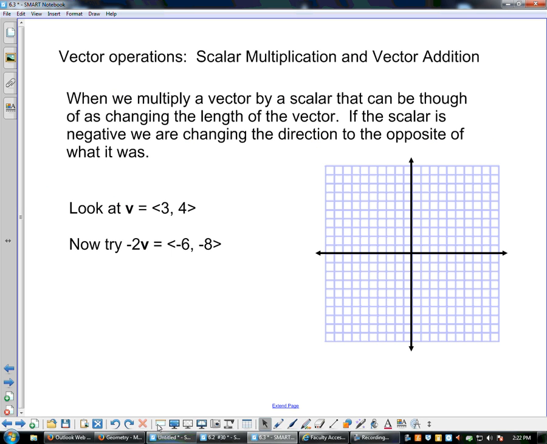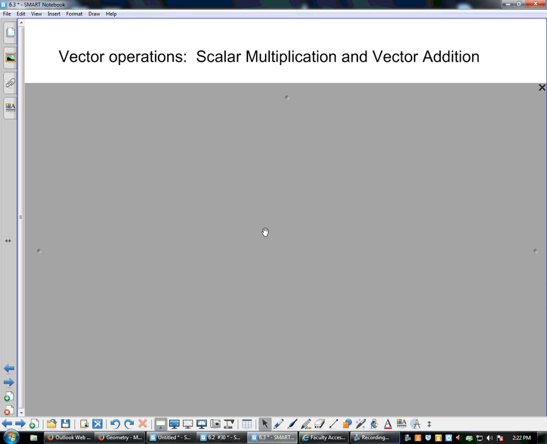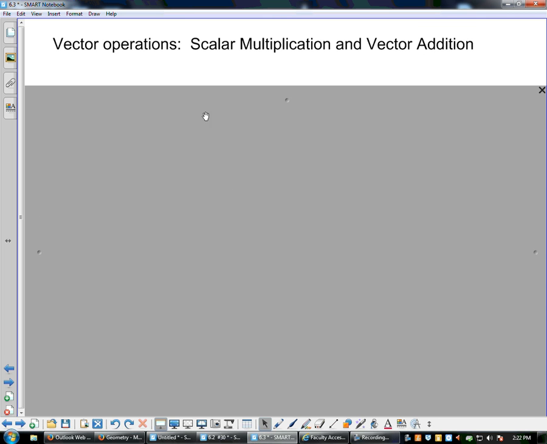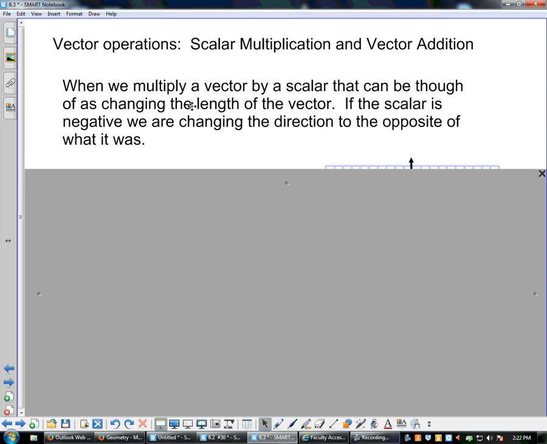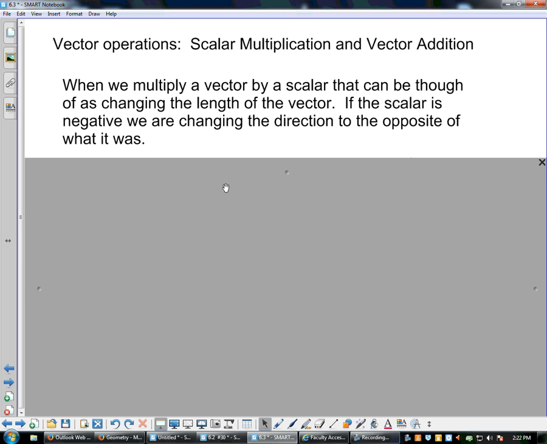All right, so let's talk about vector operations, scalar multiplication, and vector addition. Where do vectors come into play in real life? Wow, all over. When you take physics, you'll be doing vector work. Anything to do with flights, we're going to have some real life examples with force.